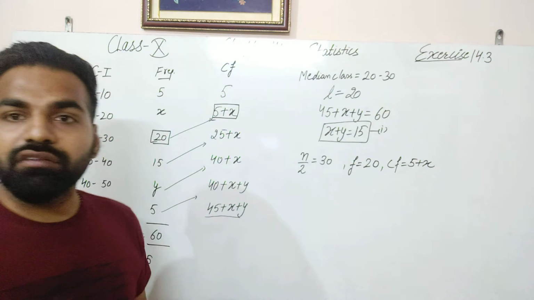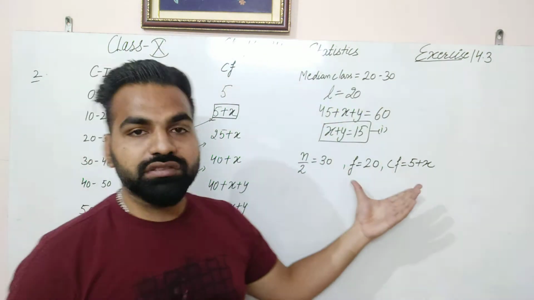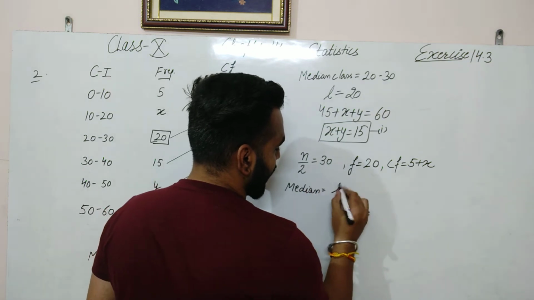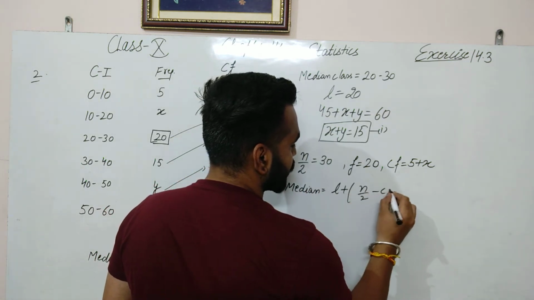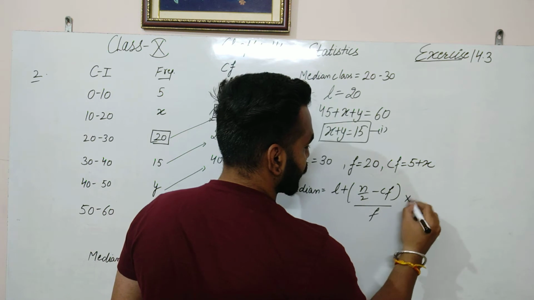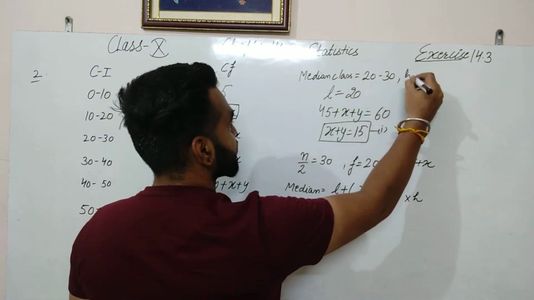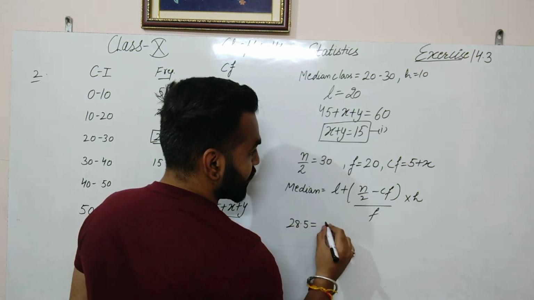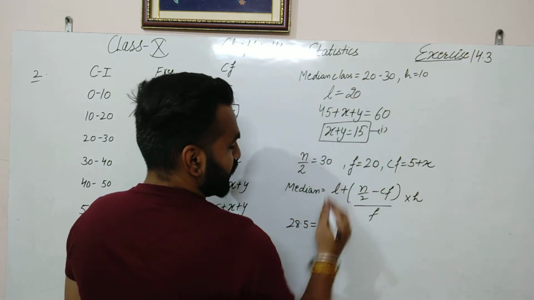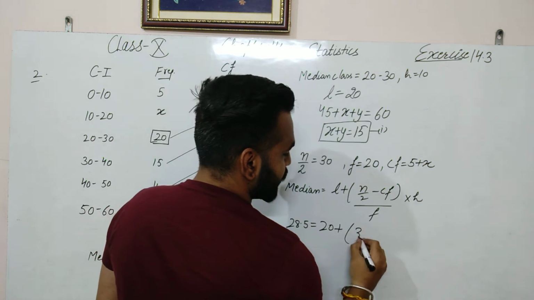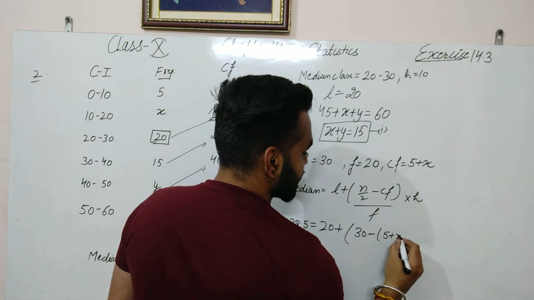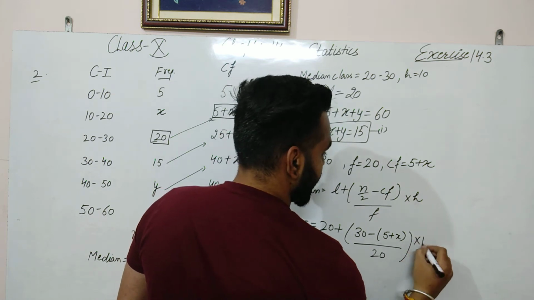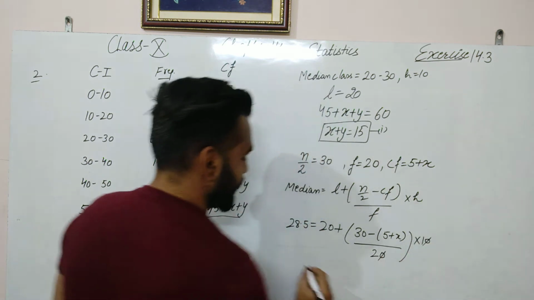So now we will put all the values in the formula. Median is equal to L plus n by 2 minus CF upon F into H. What is H here? H is 10 in the question. So 28.5 is equal to L, which is 20, plus n by 2, which is 30, minus 5 plus x upon F, which is 20, into H. This will cancel out.